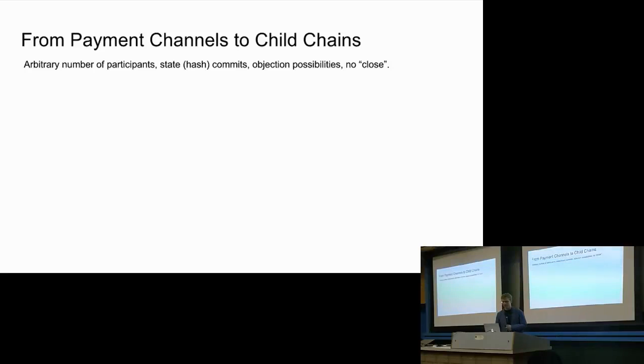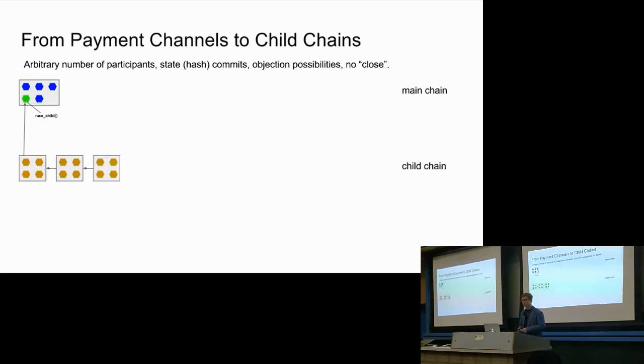Okay, let's take a look at that in detail. We again have a blockchain which we call the main chain, and there is a special transaction called new child. When this transaction is sent to the main chain, a child chain is created.